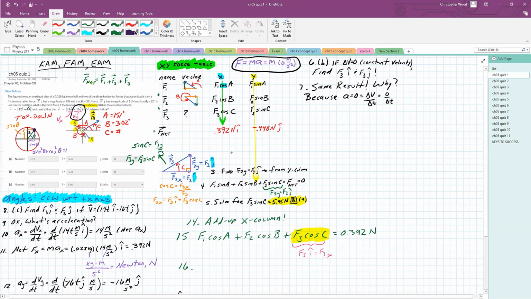I'm good on that. 0.392. Okay, I'm good. 0.028 times 14. That is 0.392 minus F1, 8 times cosine A, 151, minus F2, 11 times cosine of B, 302.